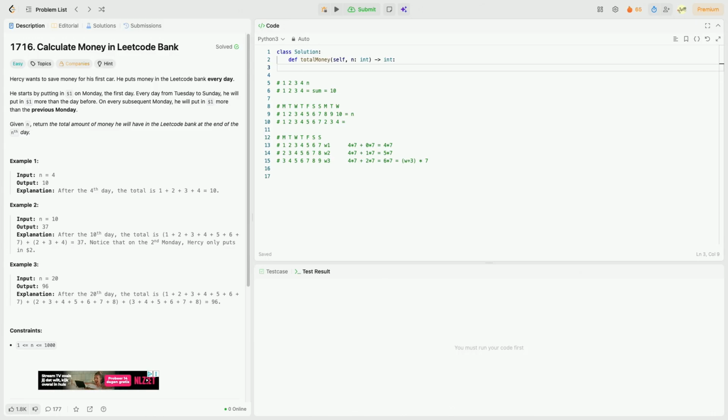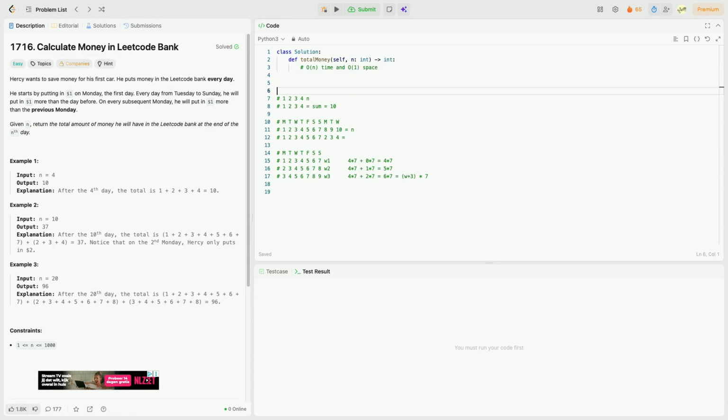I'm just going to implement the simulation approach. And for that, we said it's going to be O of n time and O of 1 space. And yeah, we're going to have a result variable. By the way, I'm jumping into an implementation right now, which I shouldn't have done.